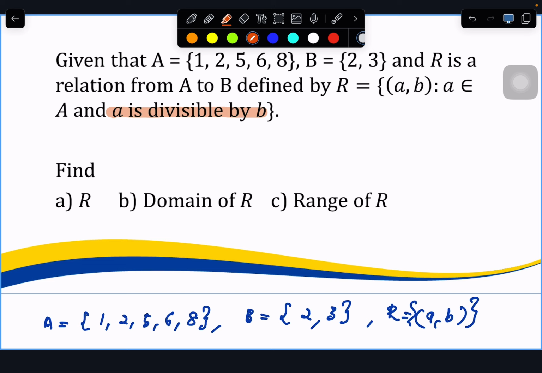Okay, correct, round number. What else? Round number is correct. Point, correct. Don't laugh, that is correct.